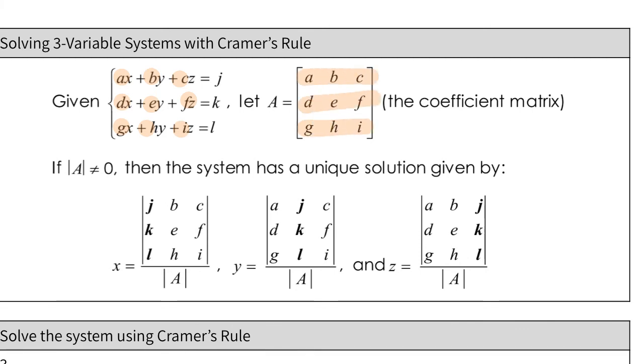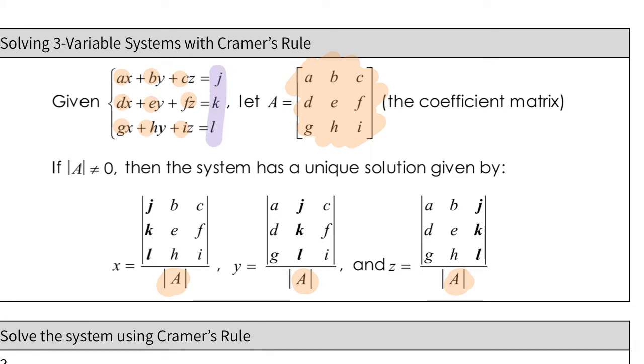So as long as the determinant of this matrix here is not 0, then we can for sure find a unique solution given by. So that determinant would go at the bottom. You're always going to have to divide by that determinant. But on the top, you're going to find the determinant of the special matrix that you change.